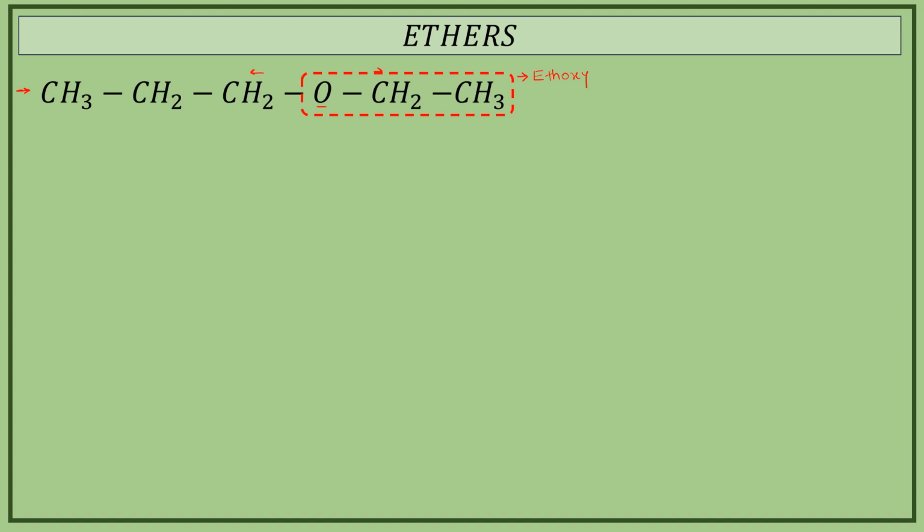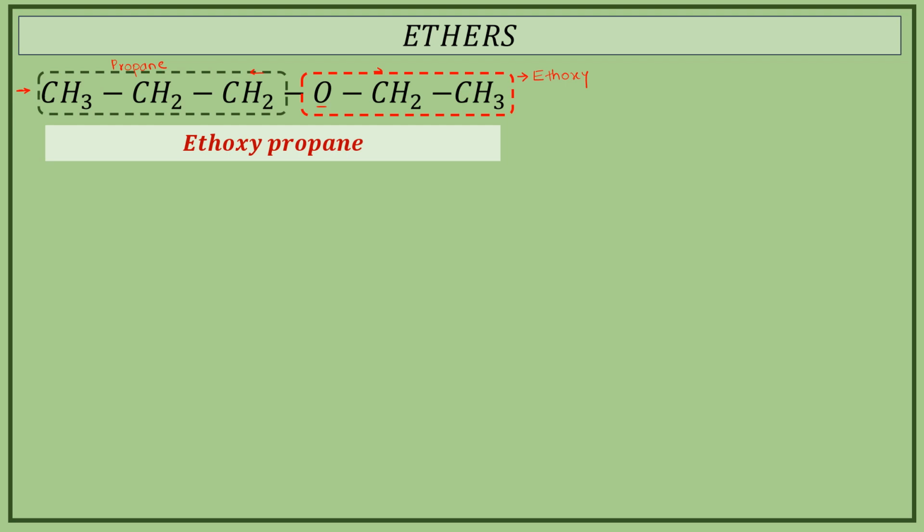While the chain having more carbon atoms in it will be named as an alkane. There are three carbon atoms, so it will be named as propane. To write the IUPAC name of the ether, we will combine these two names and write them together as ethoxypropane. So this will be the IUPAC name of this particular ether.